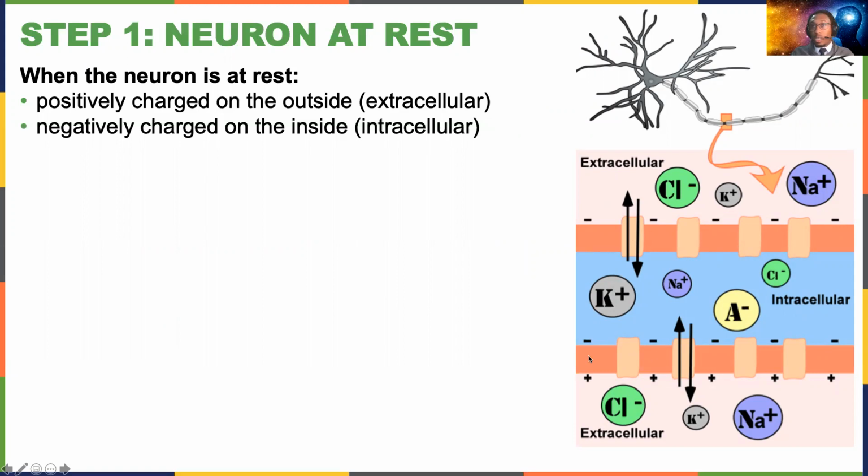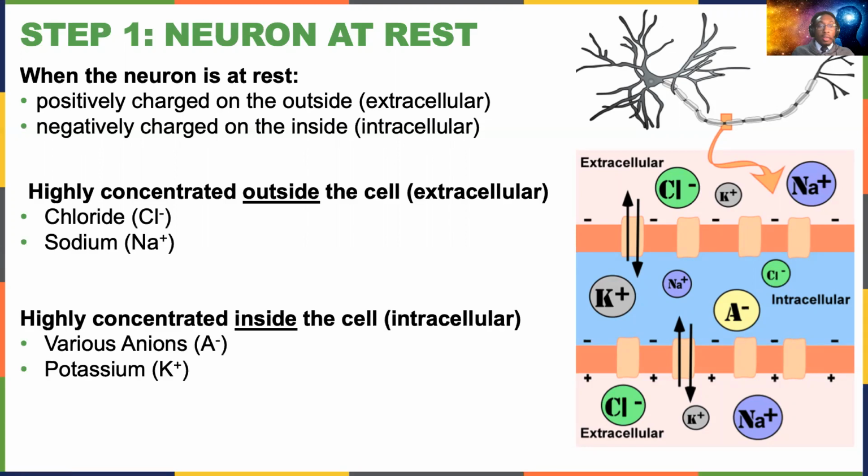As you'll see, denoted by these little symbols, the inside of the neuron is negatively charged, and the outside of the neuron is positively charged. The neuron maintains this charge because of the concentrations of certain ions inside and outside of the cell.